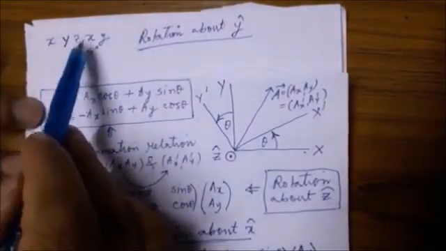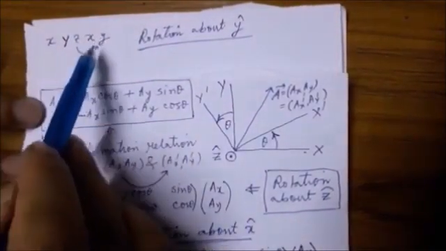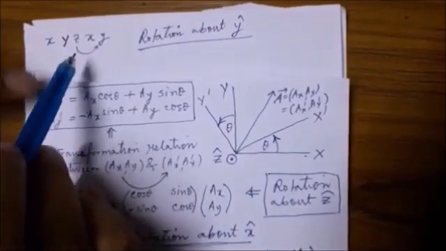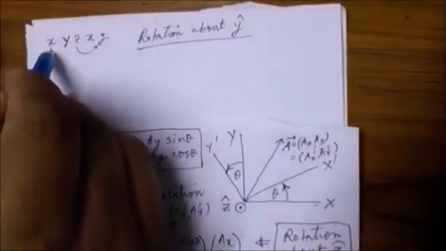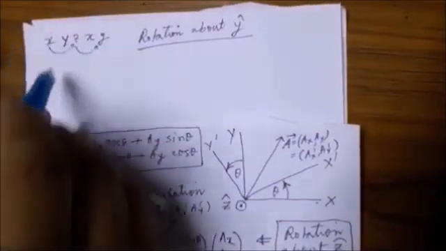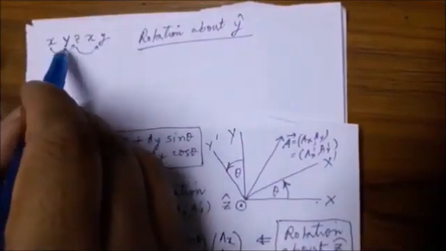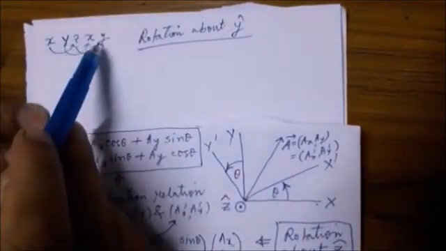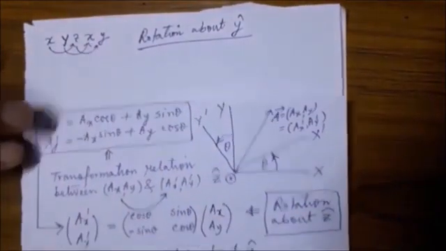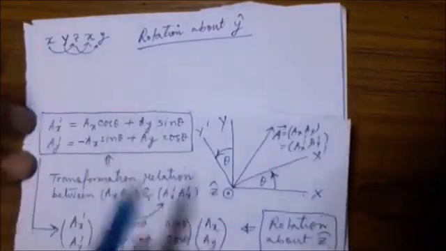So after z comes x and then comes y, so always we have to make two jumps. So after x we'll have z, after y we'll have x, and after z we'll have y. So this is the rule which we can follow.